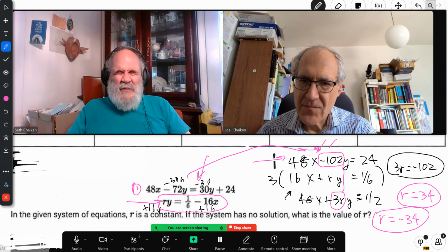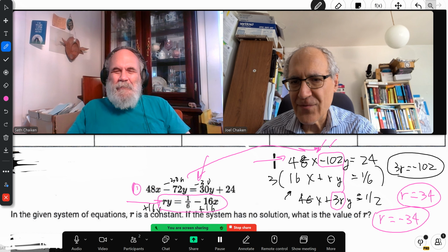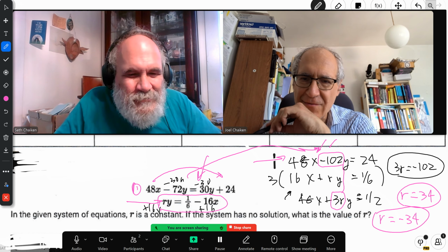Right. And the problem is to find r. But then you have a problem moving the 48 to the other side, and you may forget and not make it a negative 48x.